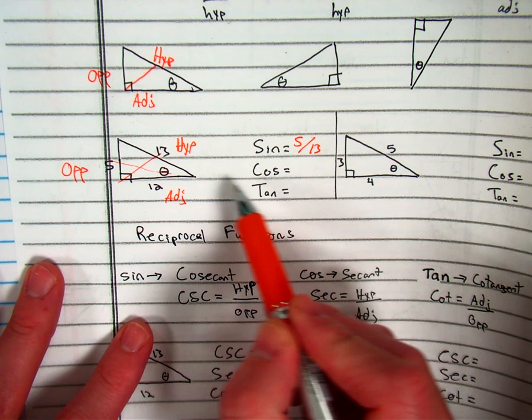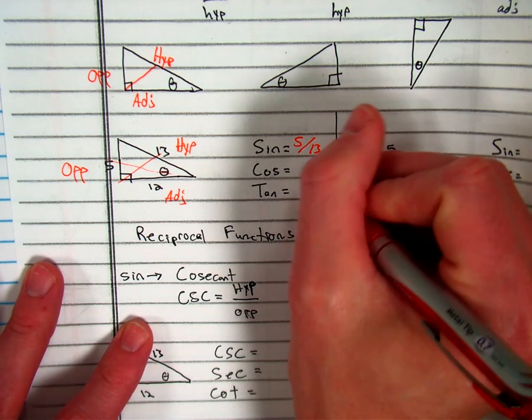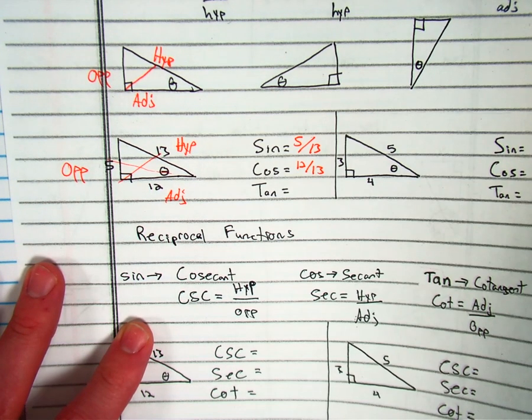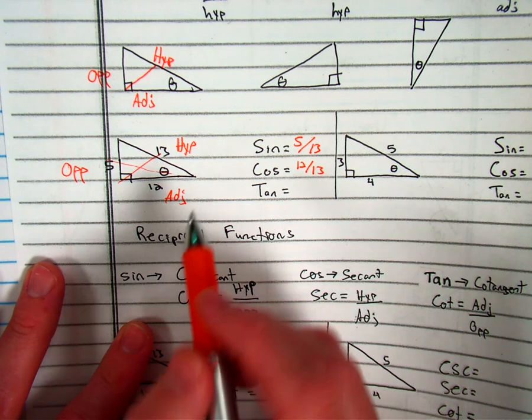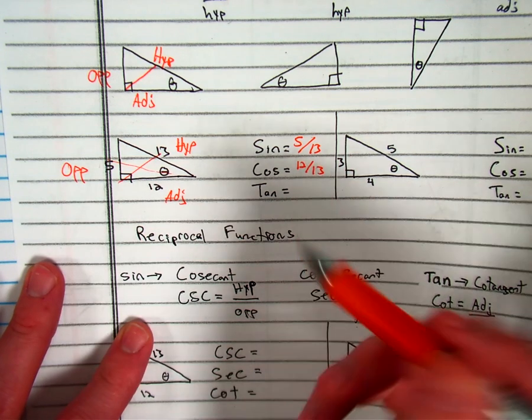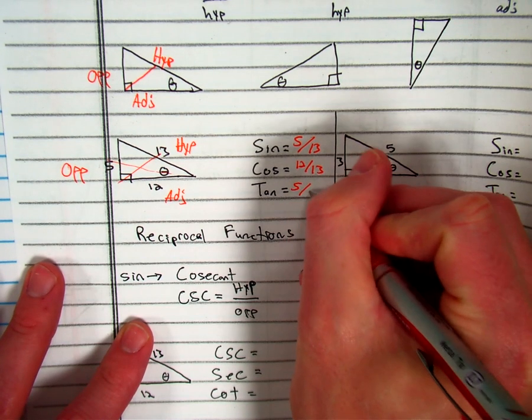Cosine is adjacent over hypotenuse, 12 over 13. And tangent is opposite over adjacent, 5 over 12.